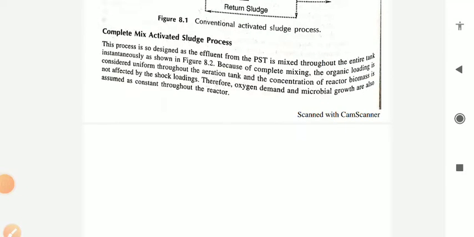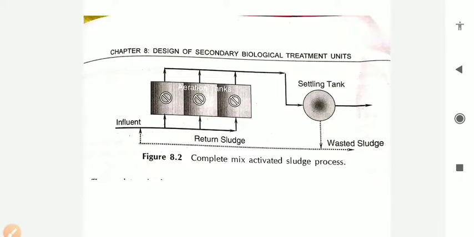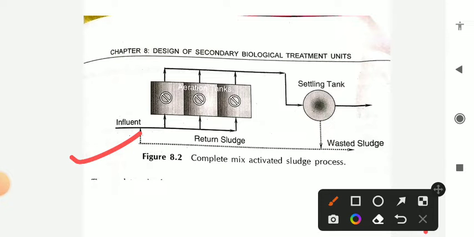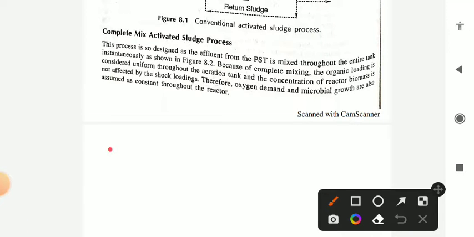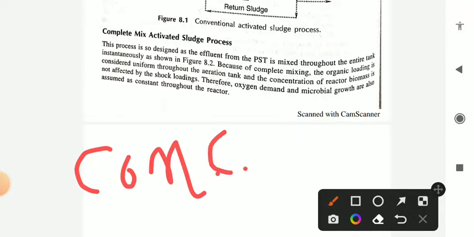So this process is also designed so that the influent from the PST unit is mixed throughout the entire tank simultaneously as shown in figure 8.2, this one. And because of the complete mixing, the organic loading is considered uniform throughout the aeration tank and the concentration of the reactor biomass is not affected. Okay, one important point is the concentration here. So the concentration will not be affected by the shock loading, right?